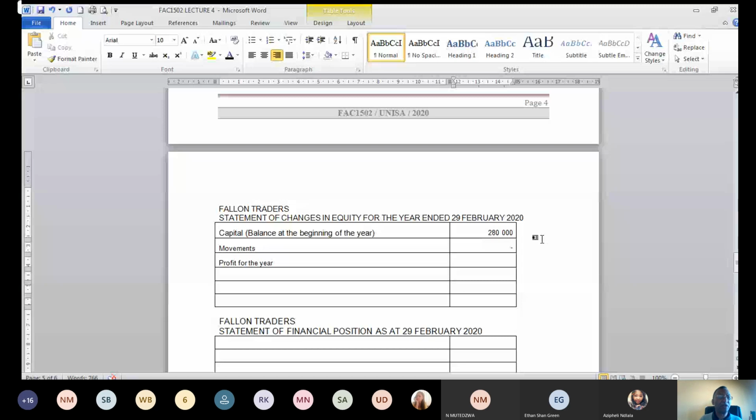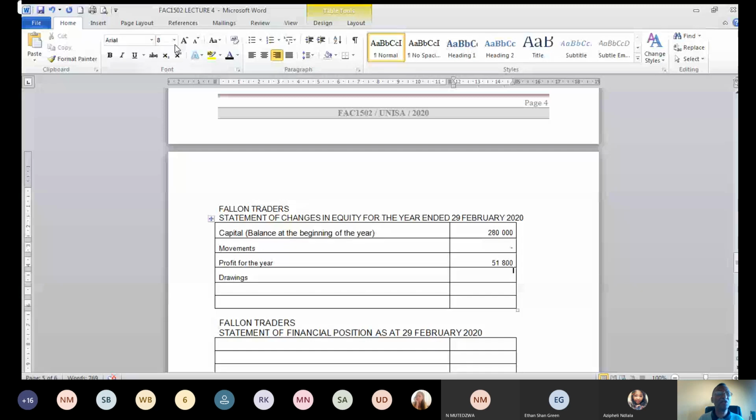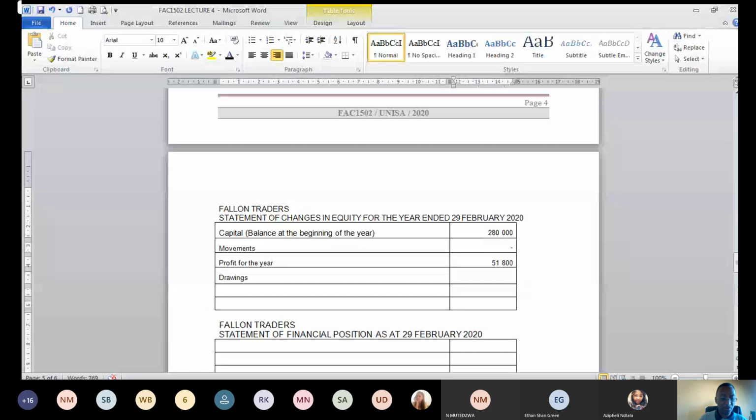You then bring into account the drawings for the year, as indicated in your list of accounts. The drawings for the year amounted to 20,000 rand, to be subtracted.